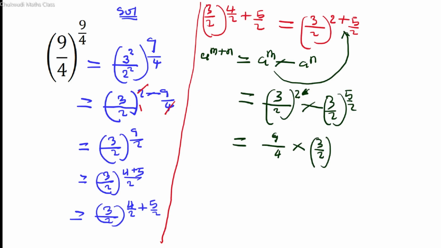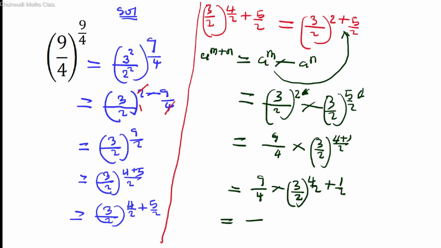We are going to simplify again this particular 5/2 we have here, and 5/2 can also be written as (4 plus 1)/2. Then we continue again. We have 9/4 multiplied by (3/2) raised to the power 4/2 plus 1/2.